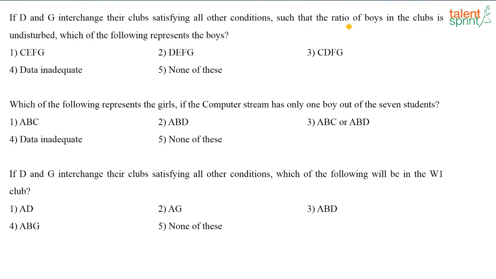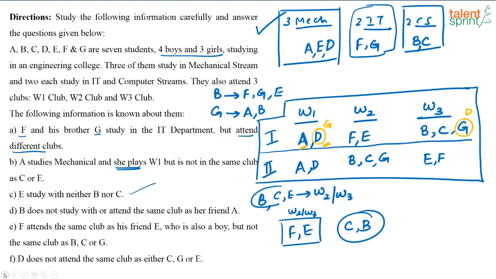They say that the ratio of boys in the club is undisturbed. So already there was one girl and one boy, right? Or sorry, basically see, G is a boy, correct? So let us say earlier there was one girl and one boy, now also there is one girl and one boy. See, I know A is a female, G is a male. So now there is one girl and one boy.